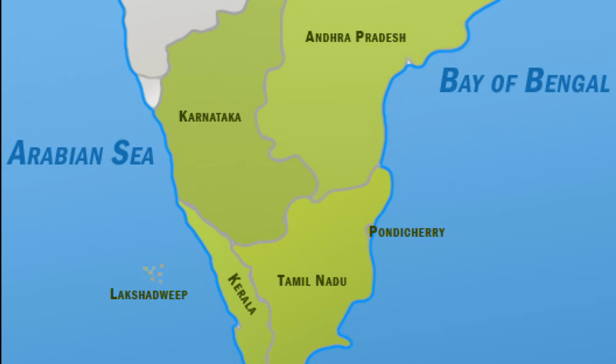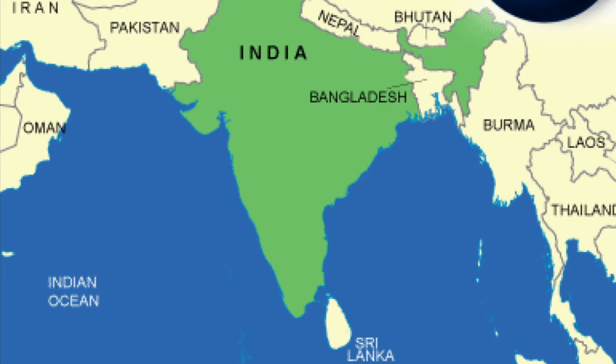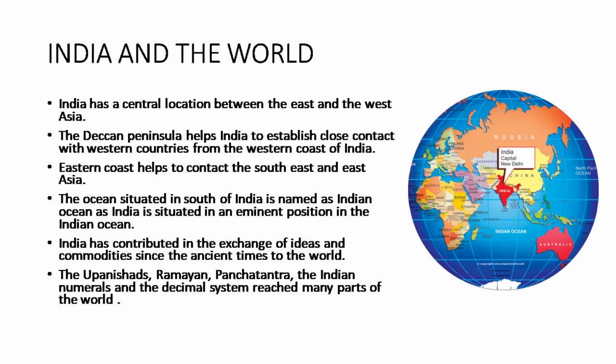Our country India lies to the north of one of the biggest oceans, called the Indian Ocean. Because of its strategic location and the eminent position of our country, this ocean has been named after our country India, that is Indian Ocean. Next important one, our country India has contributed to the field of exchanging ideas, so also commodities, since ancient times to the world.